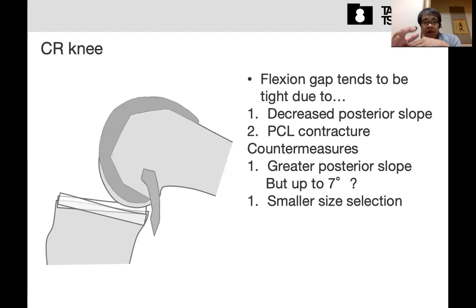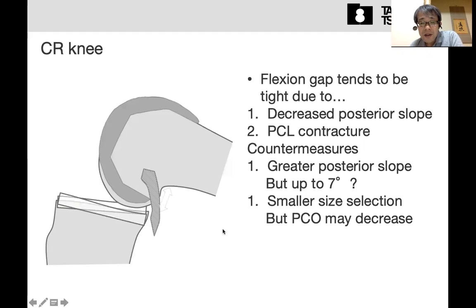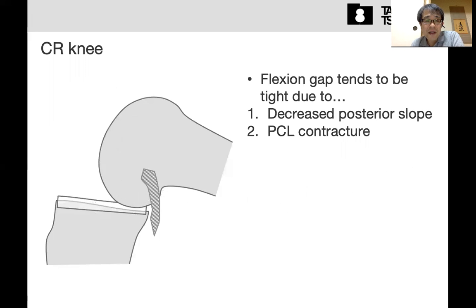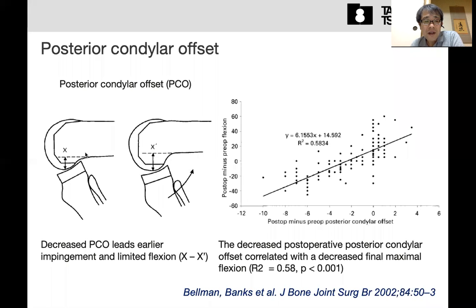So we can get a wider flexion gap. But this can also cause a small PCO. The small PCO means small posterior condylar offset. As I said in the previous presentation, a smaller posterior condylar offset can cause a limited postoperative flexion angle.